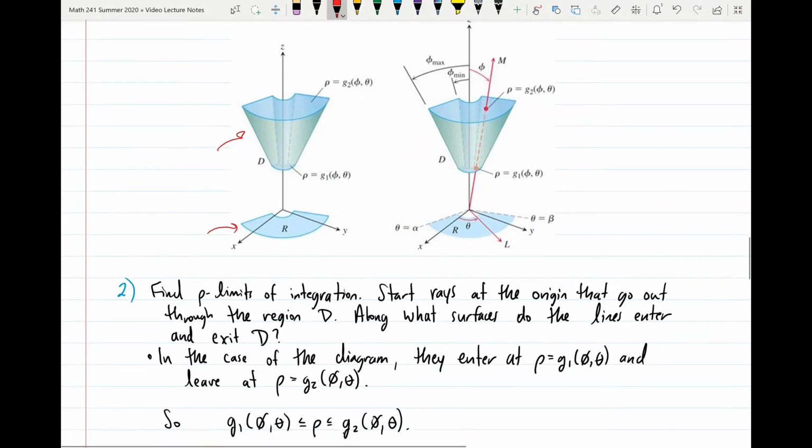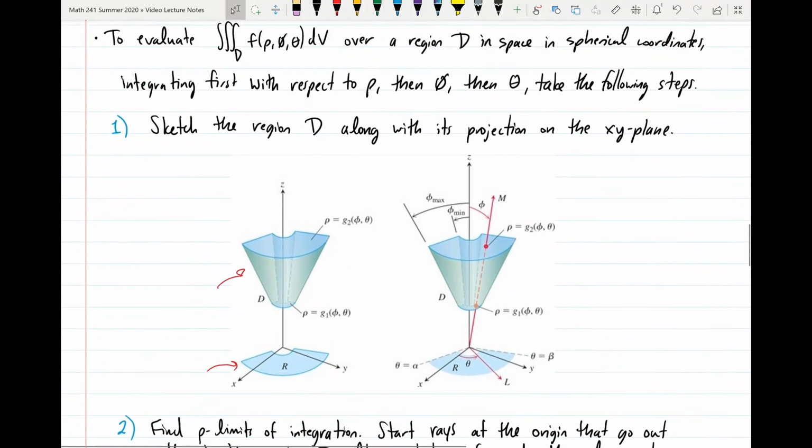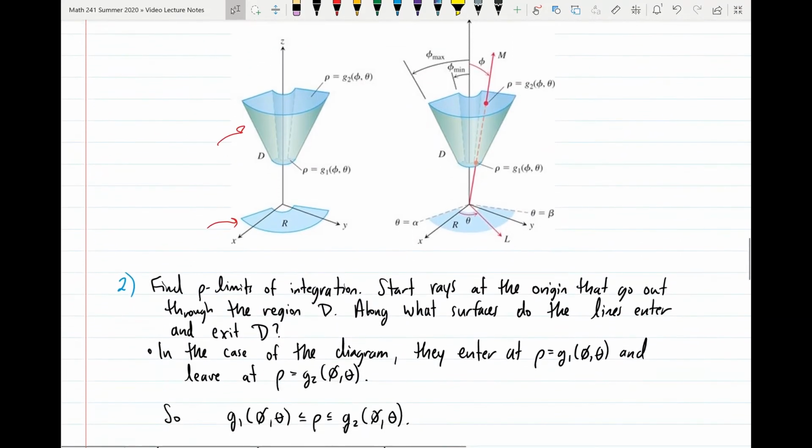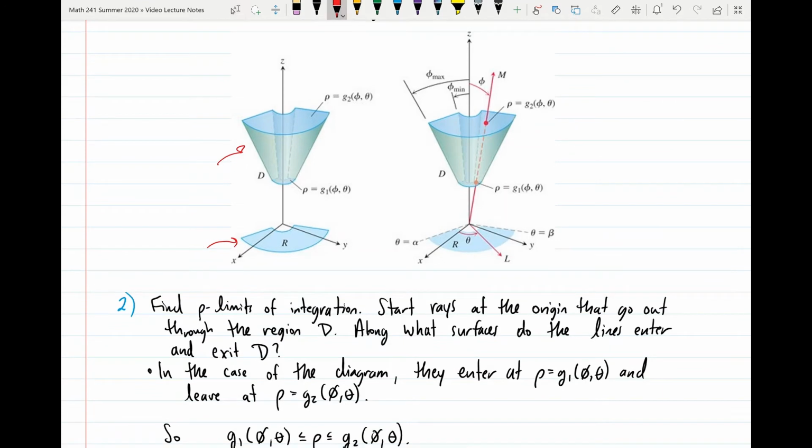And now we're going to move on to finding the rho limits of integration because we are integrating with respect to rho first. So to do that, we can start rays at the origin that go out through our region D. And the question is, along what surfaces are these rays going to enter and exit the region D? If you look up at the diagram, an example of one of these rays would be the ray given by M here.